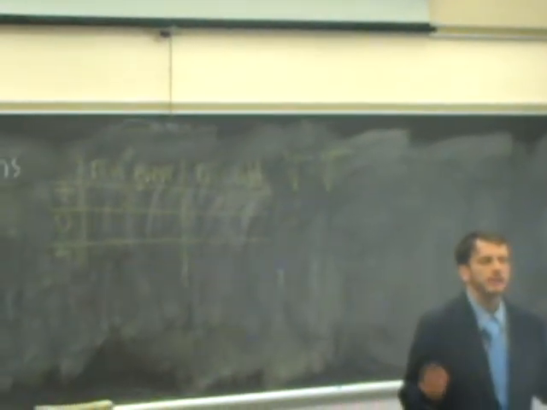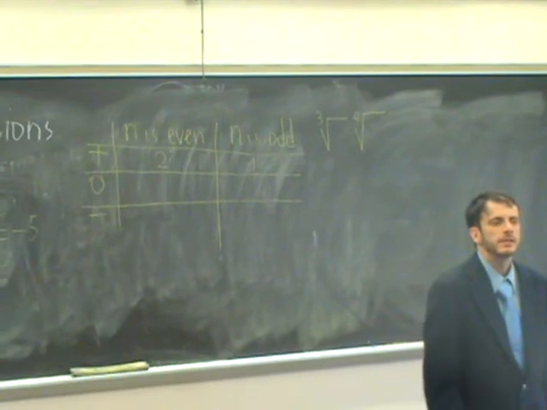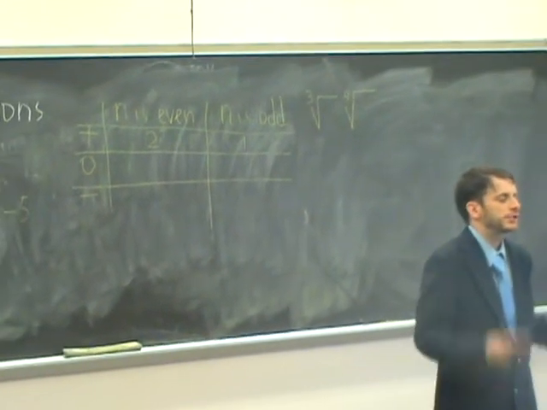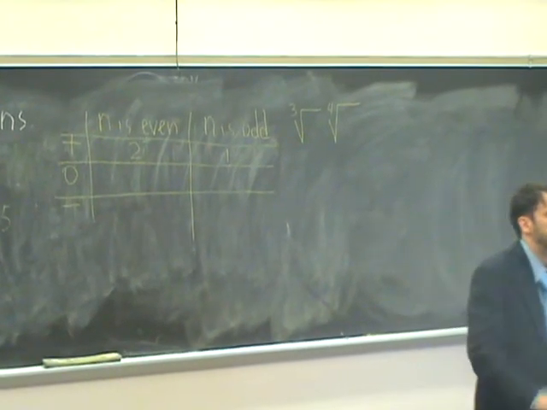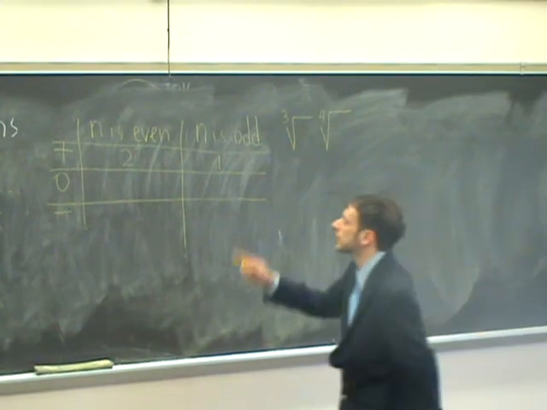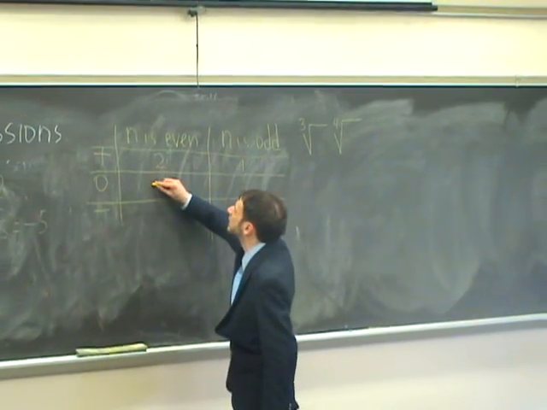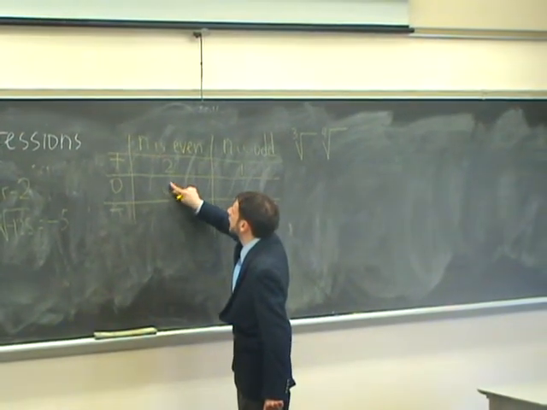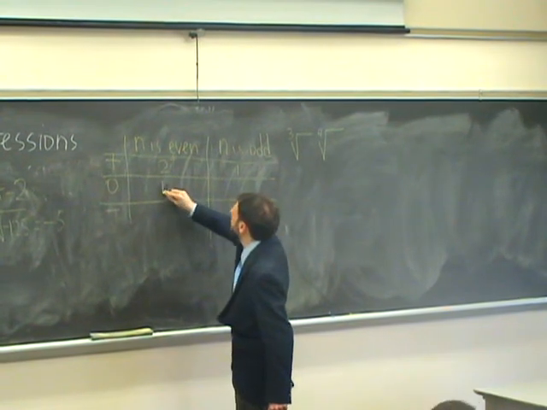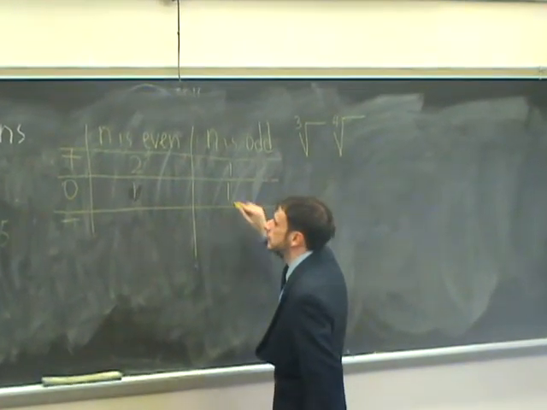Now, if the number is 0, how many possible answers could you ever have? Just 1, because 0 is the only answer that you're going to have when you take a root of 0 of any degree.